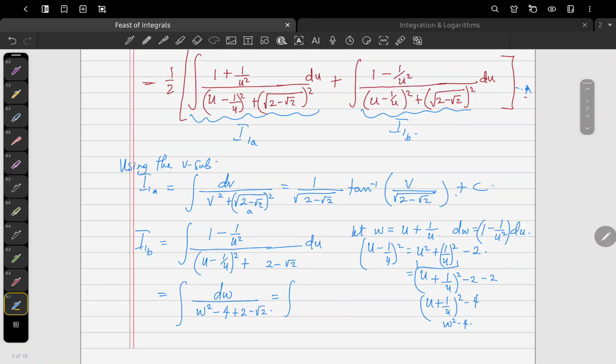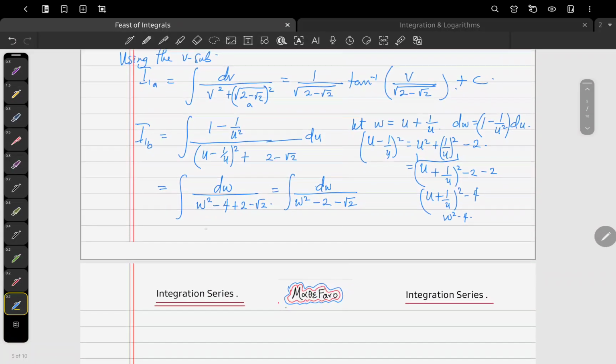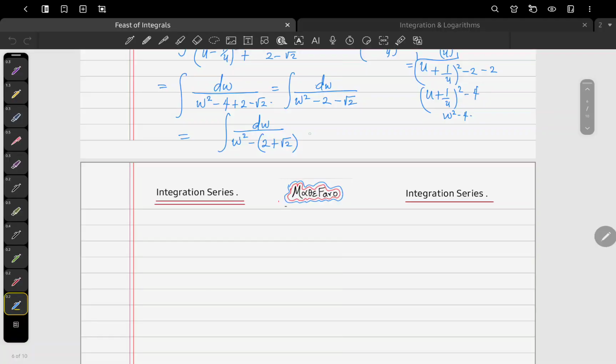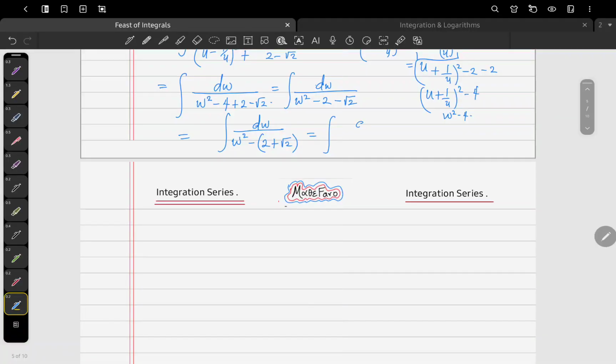That will give us a difference of 2 squares. So this is dw over w squared minus 2 minus square root of 2, which is the integral of dw over w squared minus 2 plus square root of 2, equal to the integral of dw over w squared minus the square root of 2 plus square root of 2 all squared. Whew. That's a lot. All right.